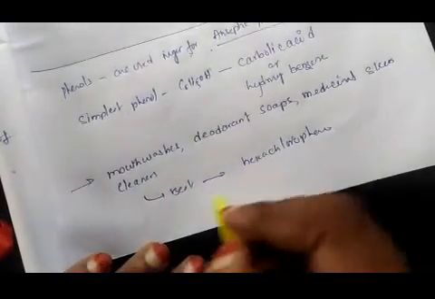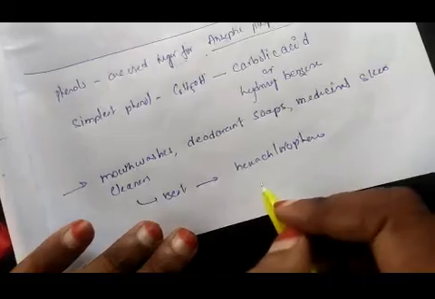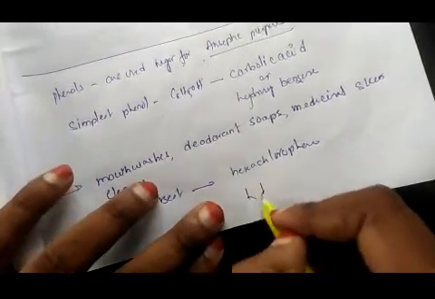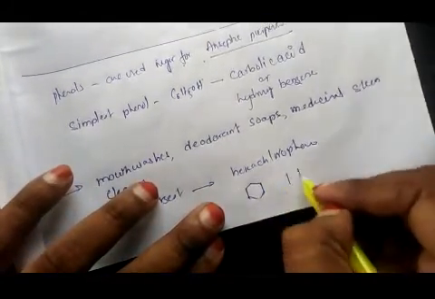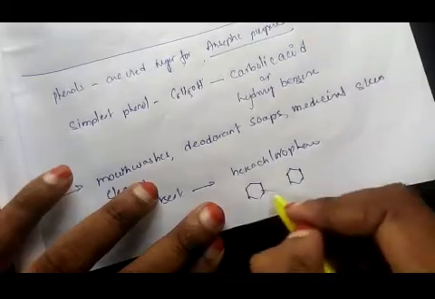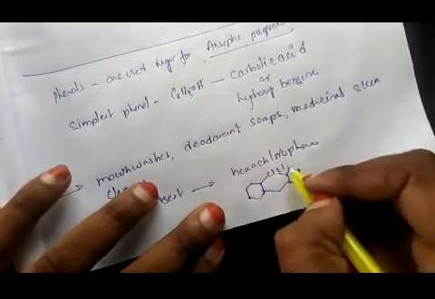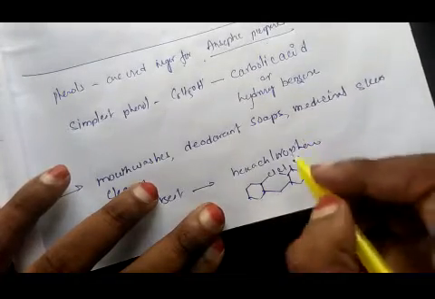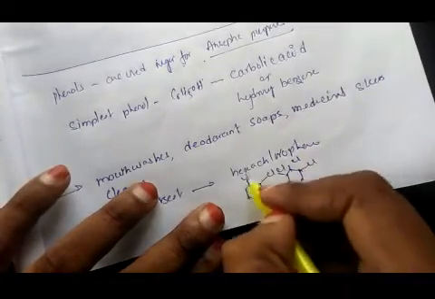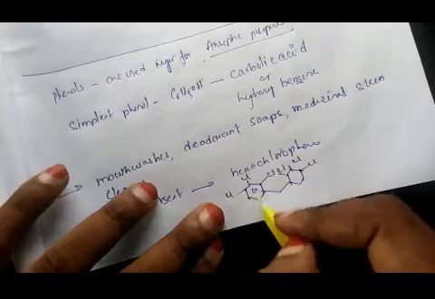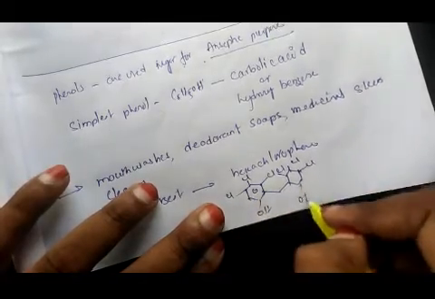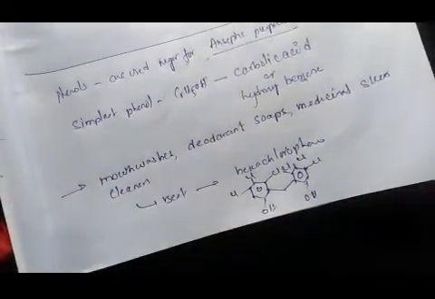The structure of hexachlorophene is a benzene ring with chlorine atoms bonded here, and OH. This is hexachlorophene.